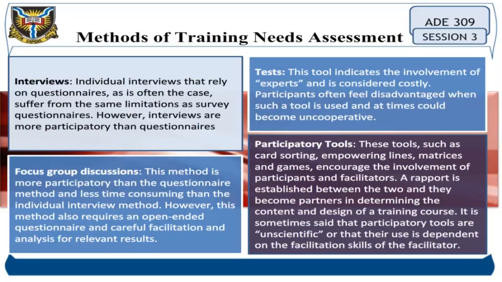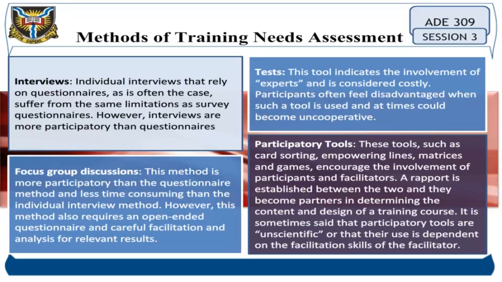However, this method also requires an open-ended questionnaire and careful facilitation and analysis for relevant results. 4. Tests. This tool indicates the involvement of experts and is considered costly. Participants often feel disadvantaged when such a tool is used and at times could become uncooperative.